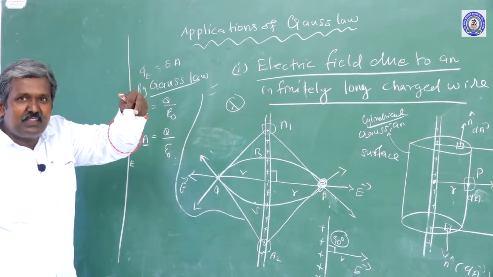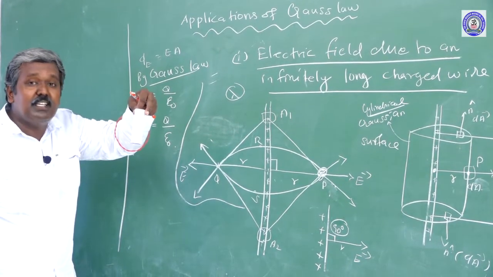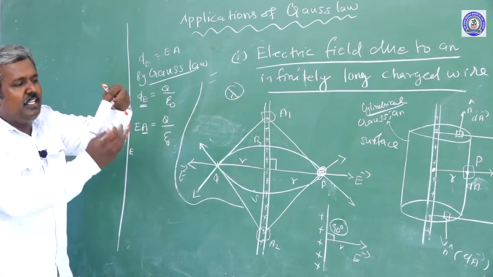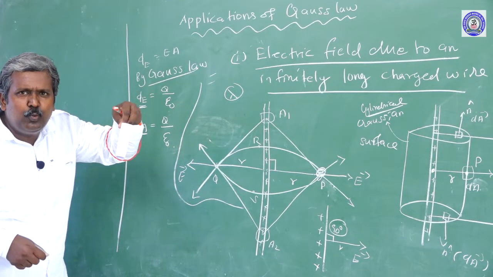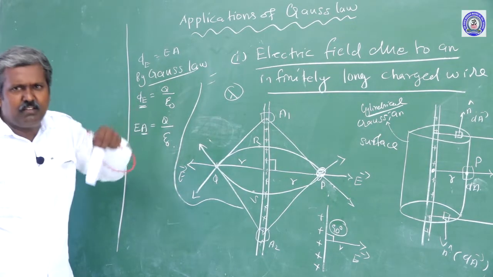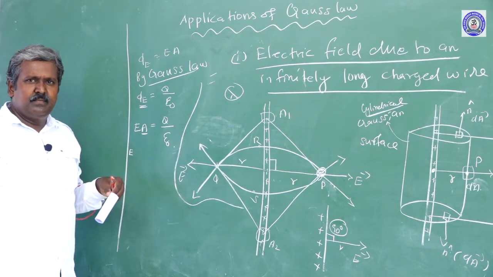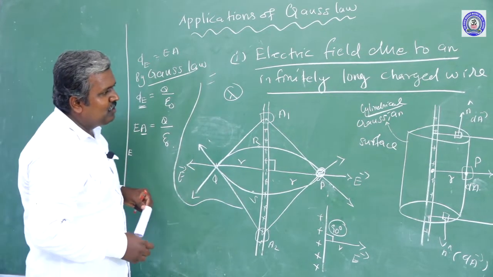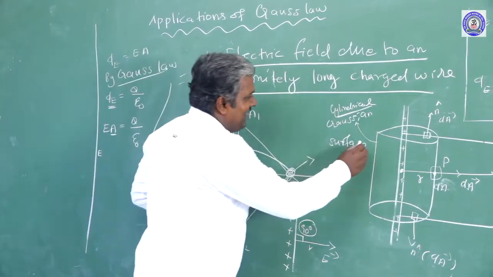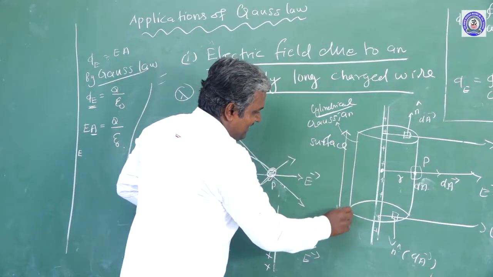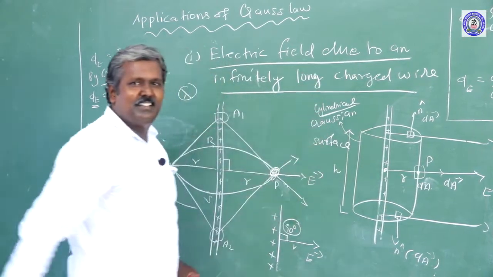This is a cylindrical surface, no? Already you have studied about this in mathematics. Total area of this curved surface is 2 pi r h. But here, which h?